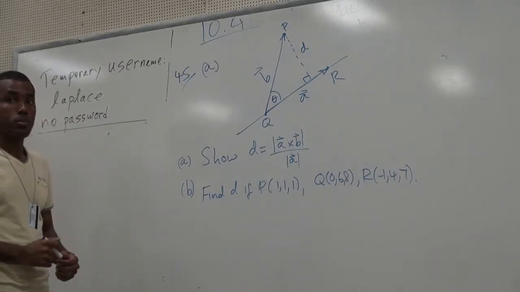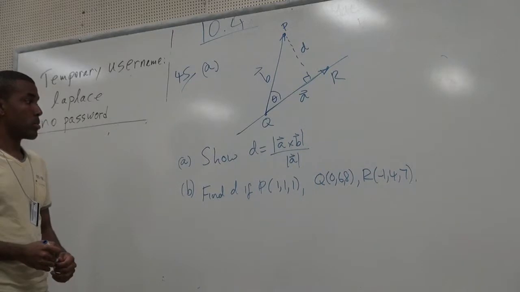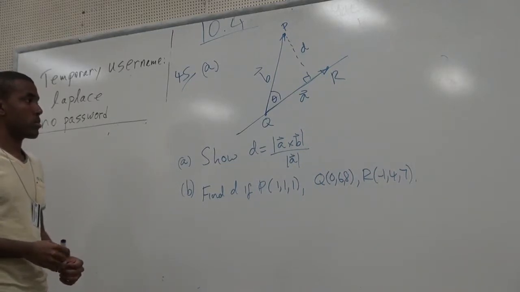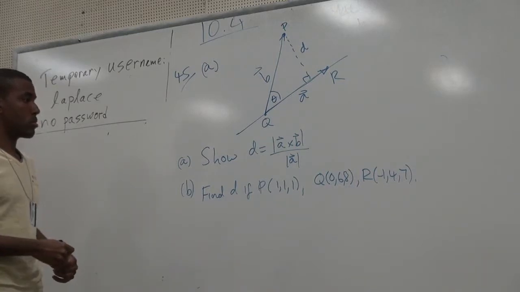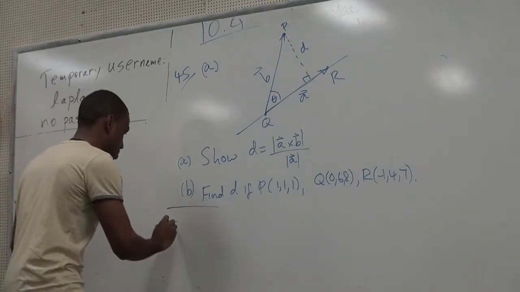The magnitude of A cross B is equal to the magnitude of B times sine beta times the magnitude of A. So if you divide by the magnitude of A, you'll get B sine beta, which is the distance D, equal to the magnitude of A cross B over the magnitude of A.